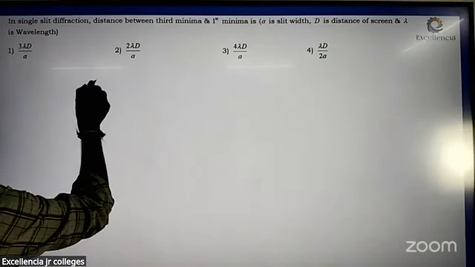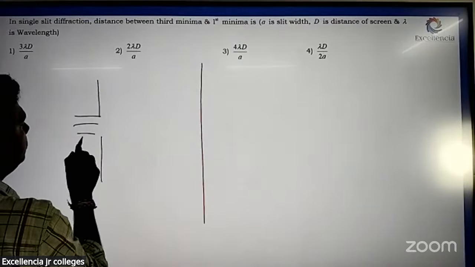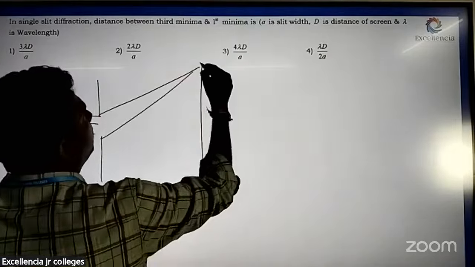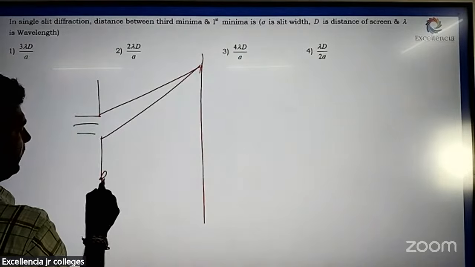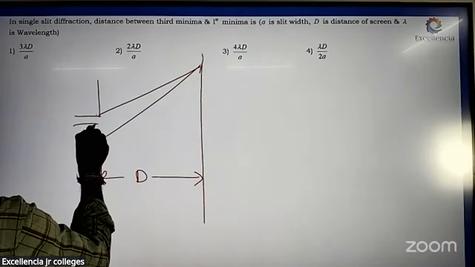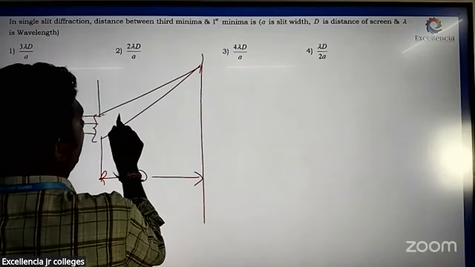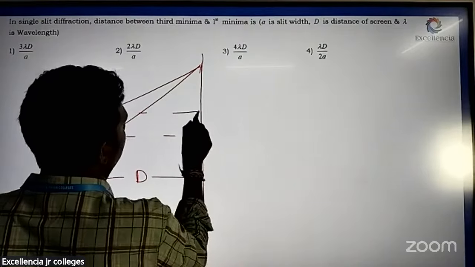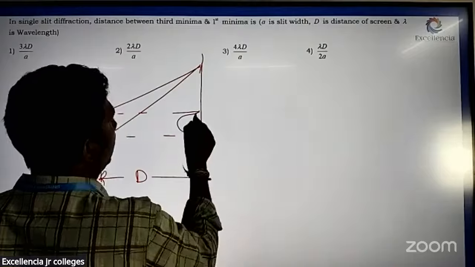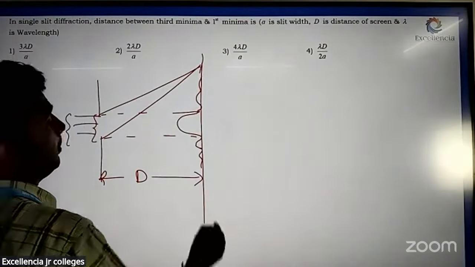See here in single slit diffraction, students, for the minimum condition, this will be D, they given that, and a is the slit width they given that. You will get a central maximum, and after that minimum, and first secondary maximum, and so on.